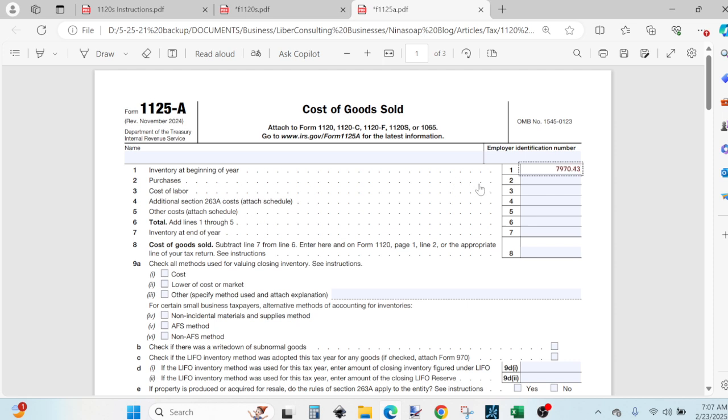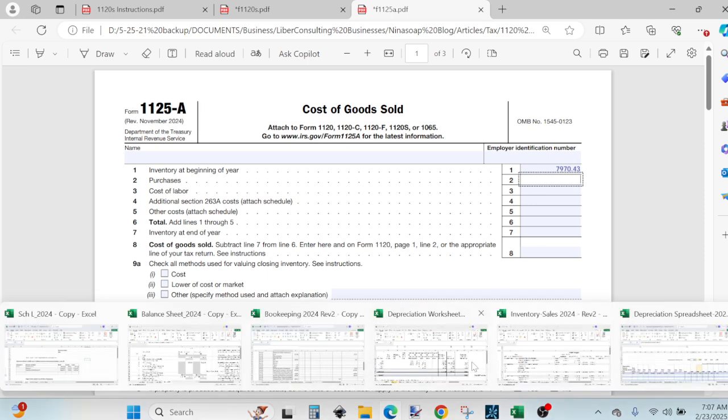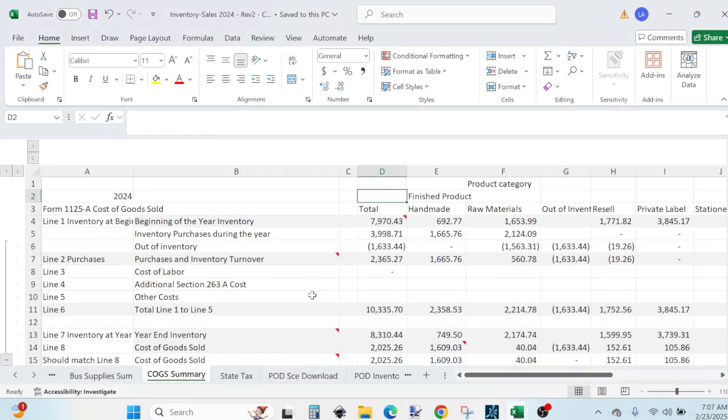Purchases during the year will go on line 2. If you take things out of inventory to make things, your purchases during the year will include that, along with the product that you put back in inventory after you make things, the value of those.